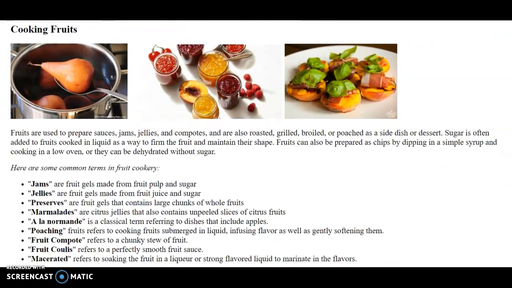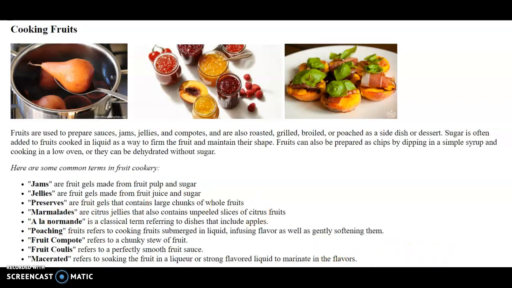I've included here some different terms about cooking fruits. Fruits can be used, again, in a lot of different cooking methods here, and I have some of these terms defined. Jams, jellies, preserves, marmalades. A la Normandy is really any term that's added to a title of a dish, meaning that there's apples cooked in it.